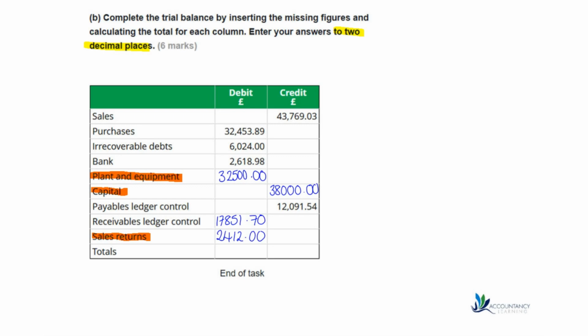So we've now put all of the missing figures in, and now we need to total both columns. And when you do that, both of them come to £93,860.57, and they match, so we've got our figures right.